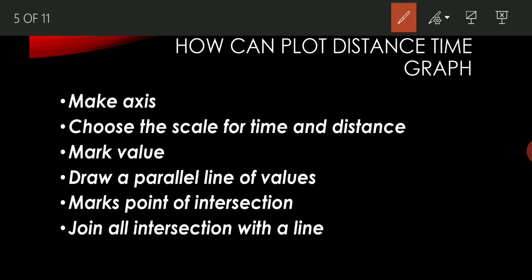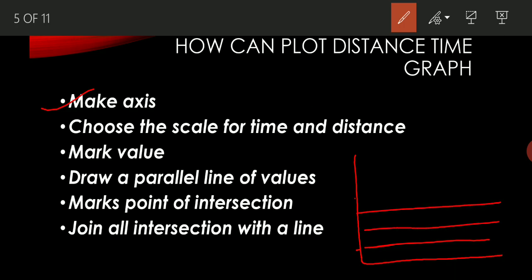First of all, here I have noted some points on which we can make a distance time graph. First of all, you have to make the axes. Suppose we have taken a graph. All of you have seen a graph.